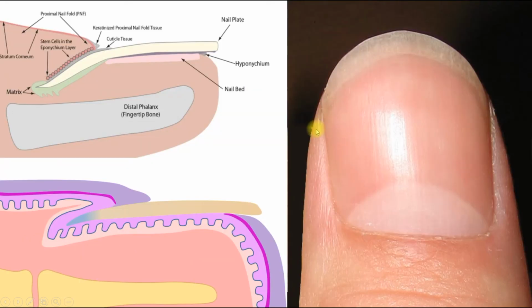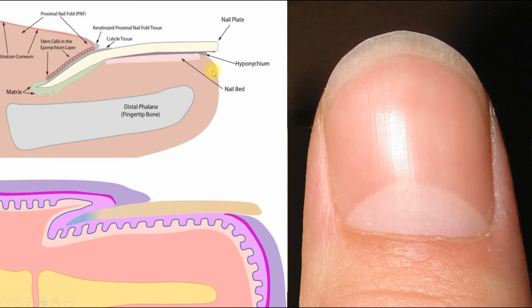So it's the base of the nail, its nail bed, its eponychium, this region, its hyponychium, and its nail plate. The nail plate is composed of hard keratin, dense keratin, which is related to the hard keratin in hair.